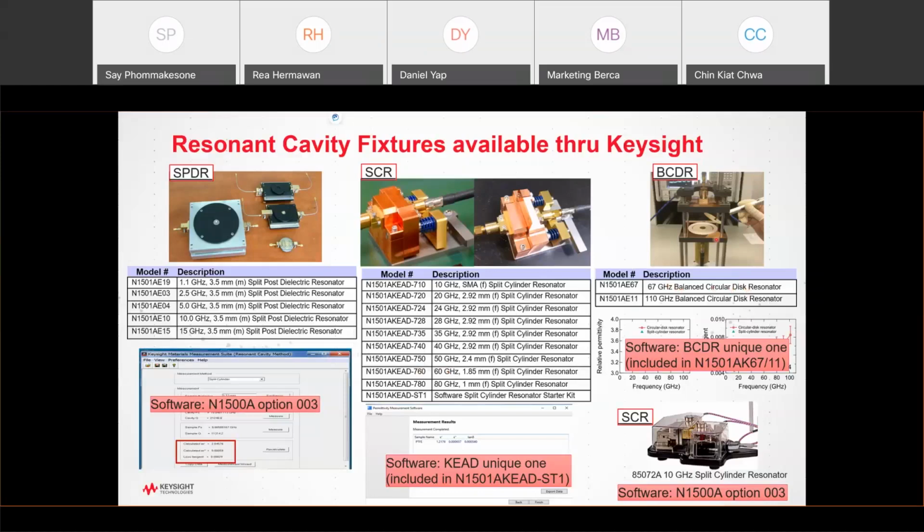So this particular one, the fixture looks something like this, and this gives you a few different resonant frequencies. The resonant frequency will depend on your sample thickness and also on the real part of your permittivity value.